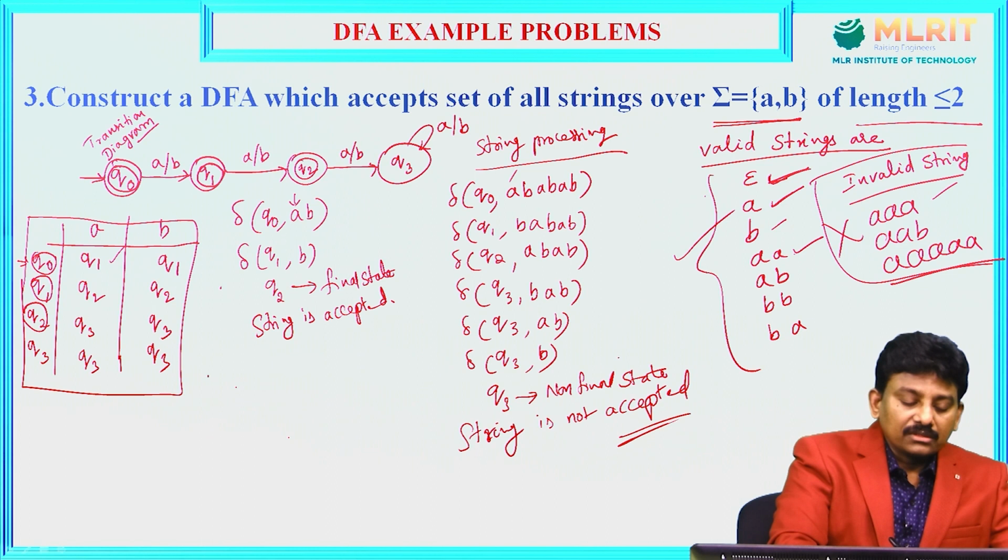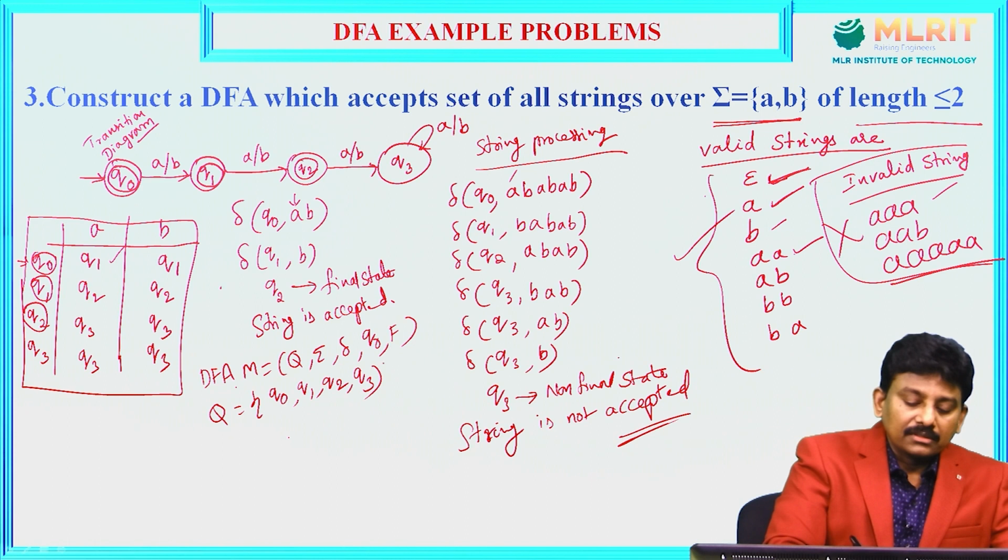So as usual, the DFA definition: M is equal to Q, sigma, delta, Q naught, F. Q is the set of states, 4 states: Q0, Q1, Q2, Q3. Sigma is the input alphabet AB.